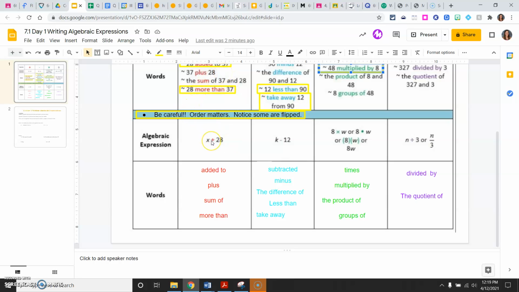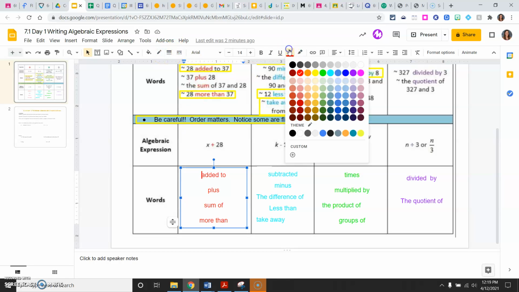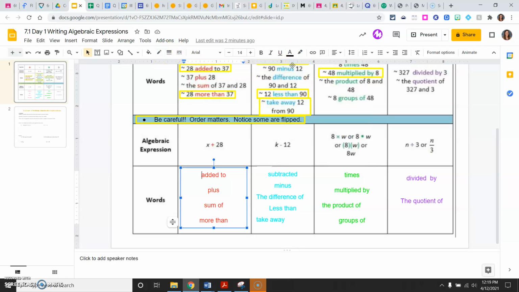X plus 28, added to was a flip-flop word, so I'm going to change my font really quickly, sorry. So it's going to be 28 is added to x.